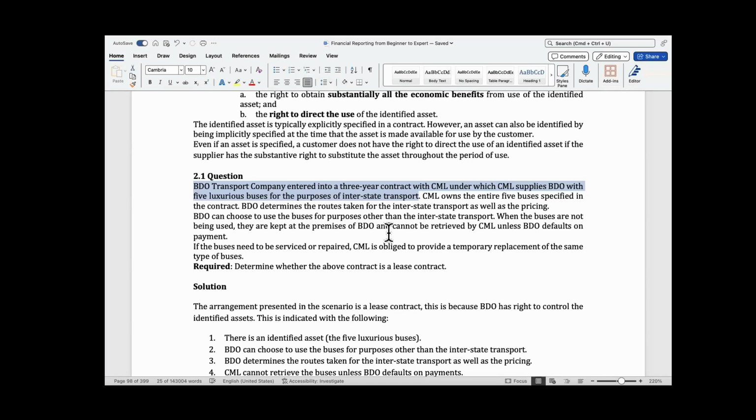Do you all agree? Because we're told that CML supplies video with 5 luxurious buses, the owner of those buses is CML, while video is the one that wants to rent them. They said CML owns the entire 5 buses specified in the contract. Okay, good. That means CML happens to be the lessor.